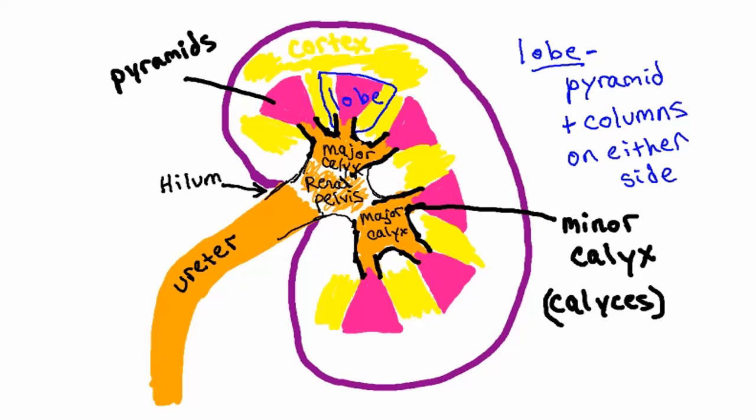And they form the ureter, and then they come out of the hilum, which is the door. That's the flow of urine, and then the urine goes down the ureter to the bladder.